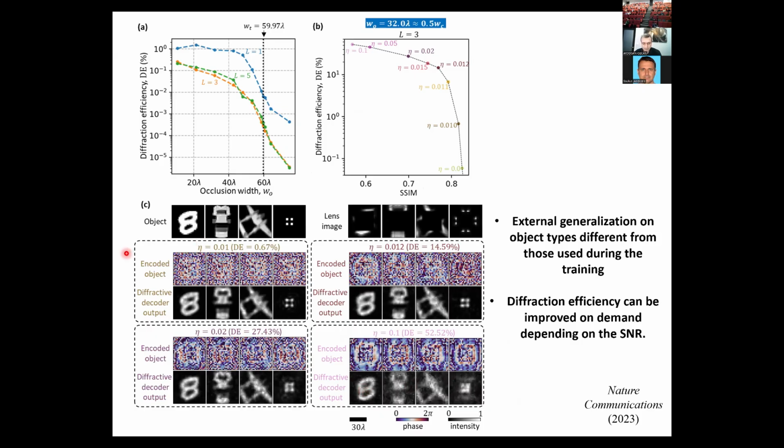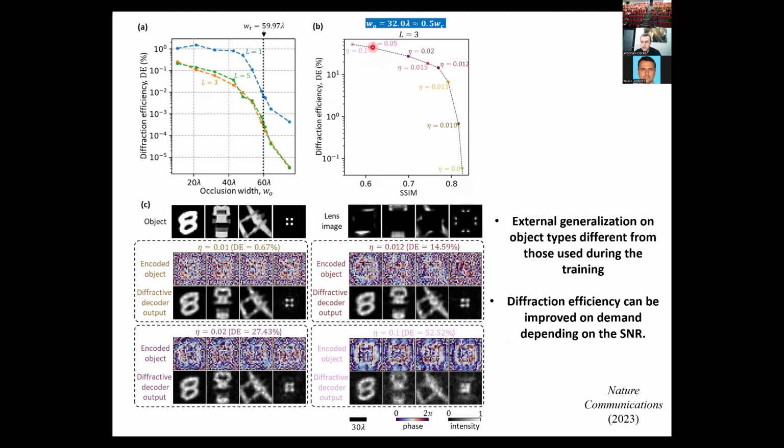If you're really after resolution, you have to sacrifice diffraction efficiency down to almost 0.7%. In general, this signature highlights a performance versus diffraction efficiency trade-off, and you can engineer the loss function of your learning depending on where you want to be in terms of diffraction efficiency or reconstruction fidelity.